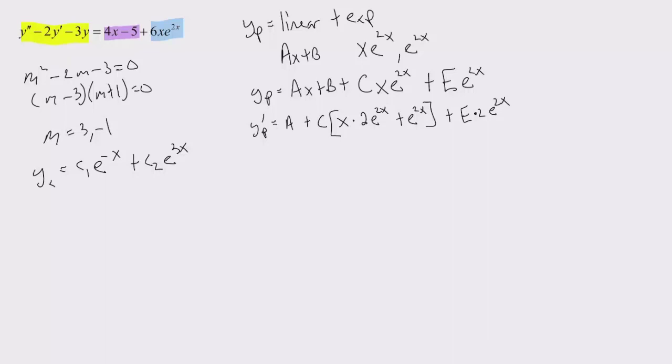And then my y double prime, so a goes away, and I still have that c out front. So now I have kind of a repeat.